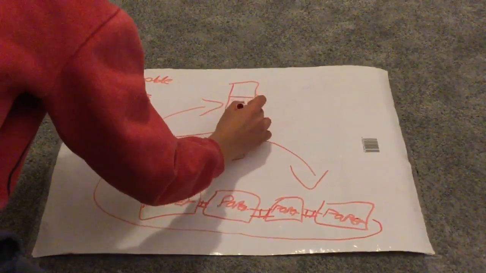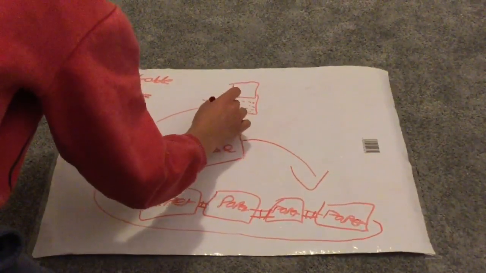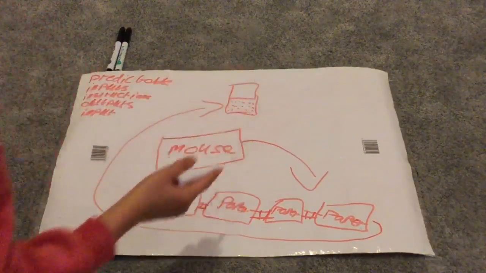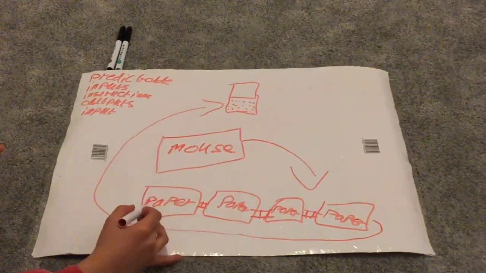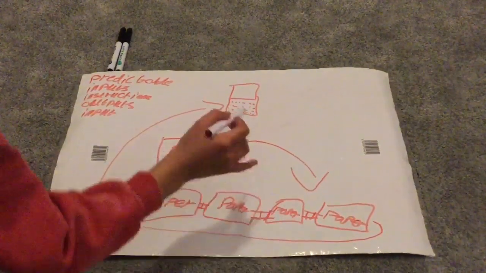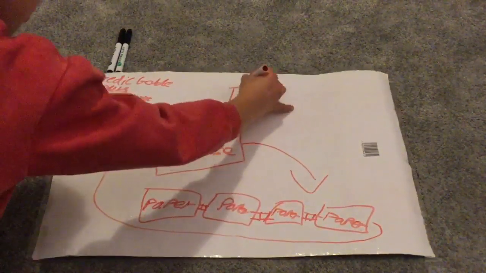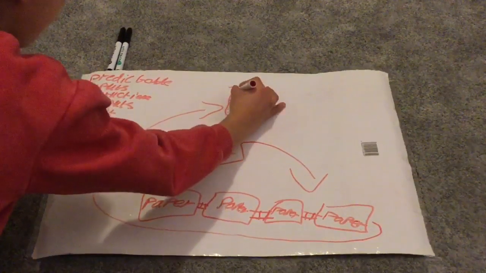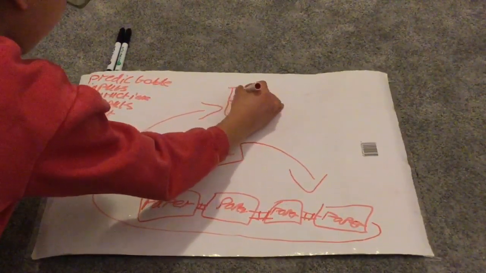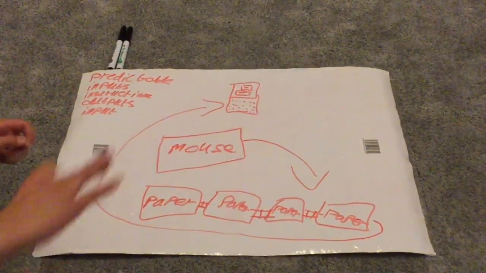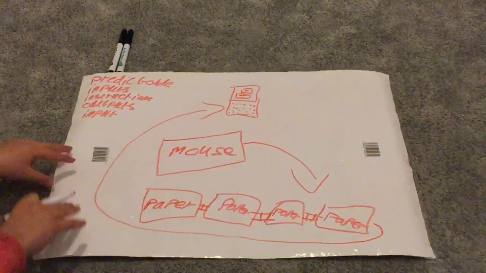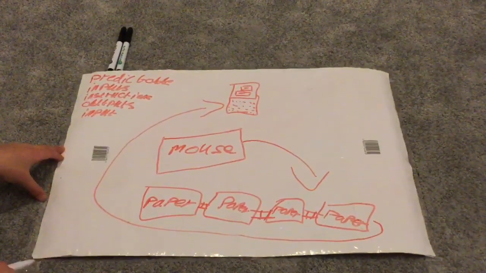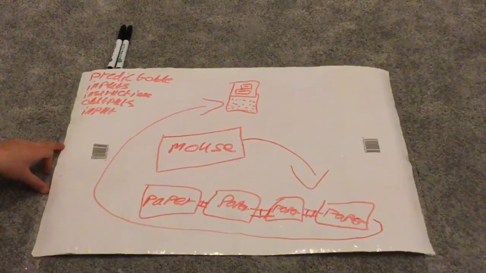Some people are crazy using game consoles and doing that. So now we got the inputs as paper and mouse. So the inputs would be paper and the output would be mouse.